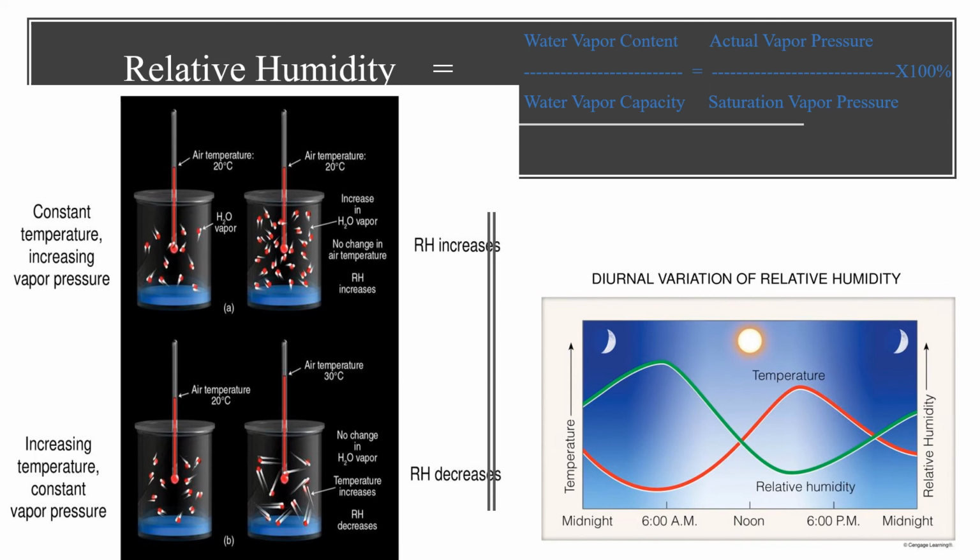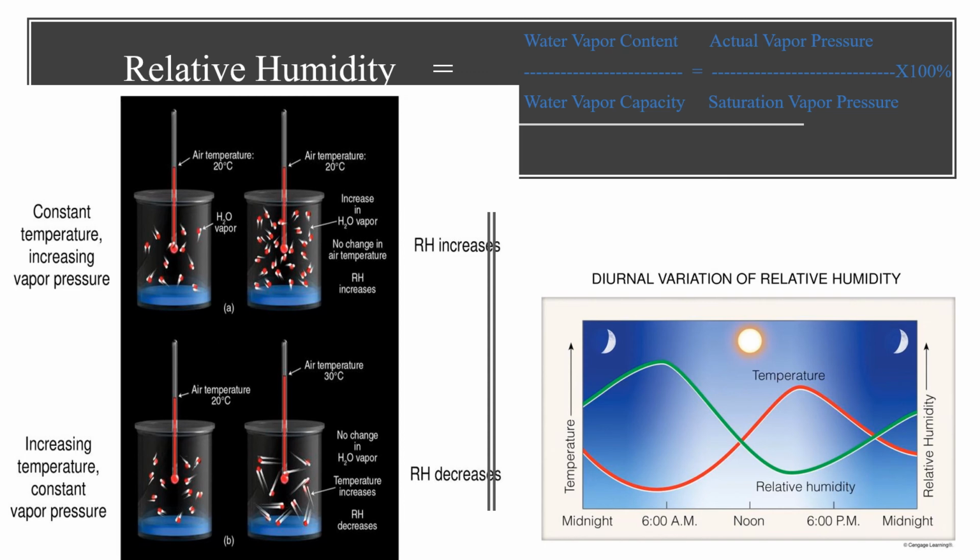So if we look at the picture here, the diurnal variation of the relative humidity. Our relative humidity at 6 a.m. is highest, because at 6 a.m. the sun rises in the east in the morning. The red line is the temperature line and the green line is the relative humidity line.